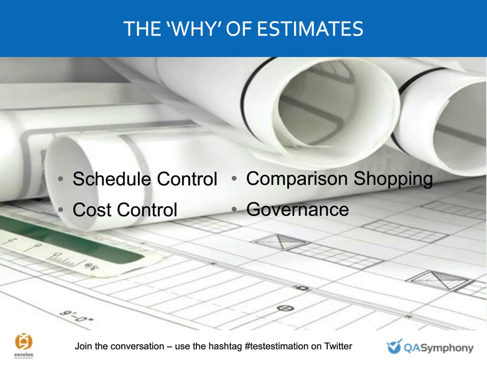The final reason, and perhaps the most nebulous, is governance. So if you look it up in a dictionary, governance is actually the methods by which the people who are legally responsible for the corporation decide and manage what gets done. So we would be providing these estimates to help make decisions.